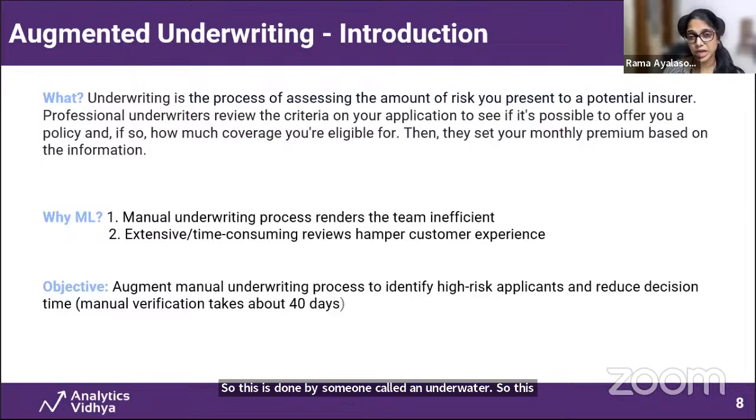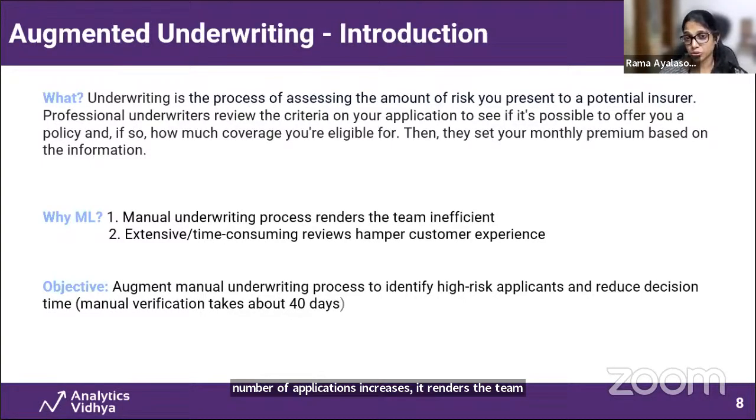Now, the question which naturally arises is why is there a need for ML in underwriting, right? As you would have understood by now, the underwriting process is extremely manual. As the number of applications increases, it renders the team inefficient. It's also a time consuming process. The application data is vast.